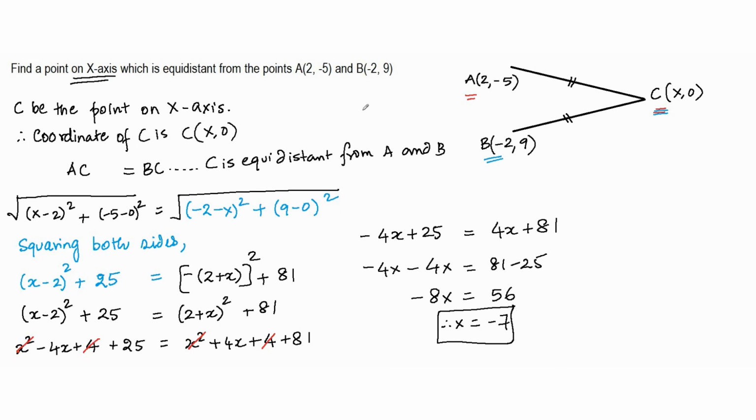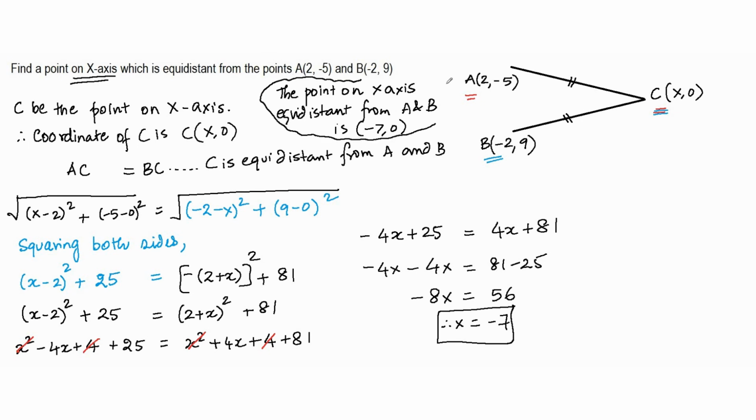Therefore the point on x-axis equidistant from A and B is given by negative 7 comma 0, right?